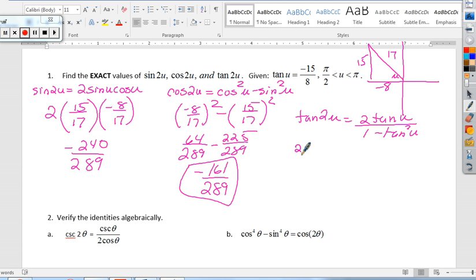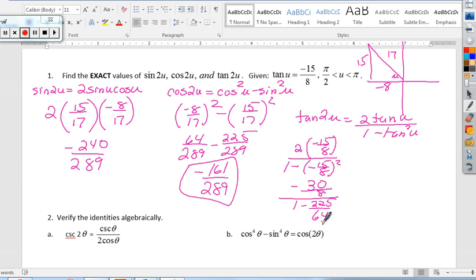So we're going to have 2 times negative 15 over 8 all over 1 minus negative 15 over 8 squared. That gets us negative 30 over 8 all over 1 minus 225 over 64.